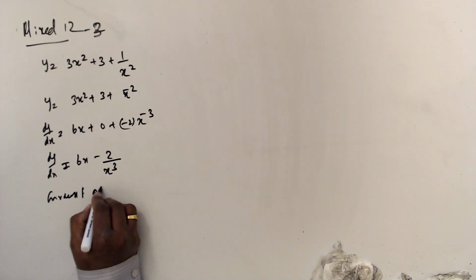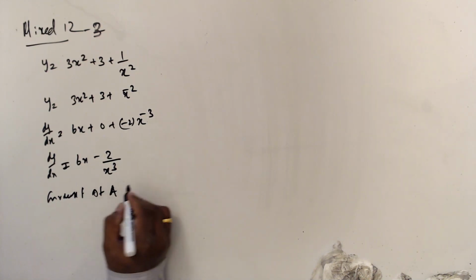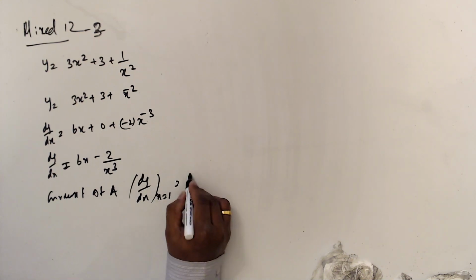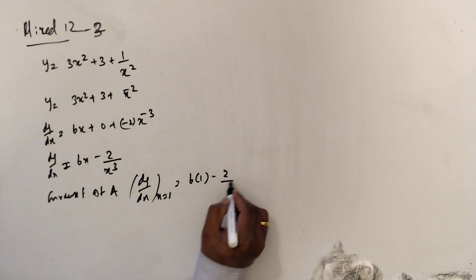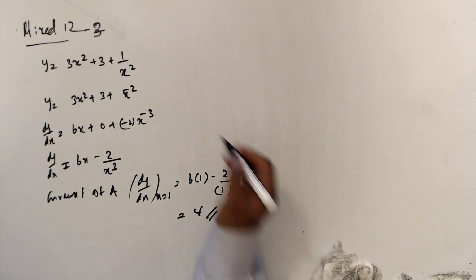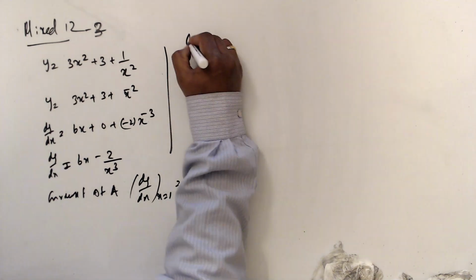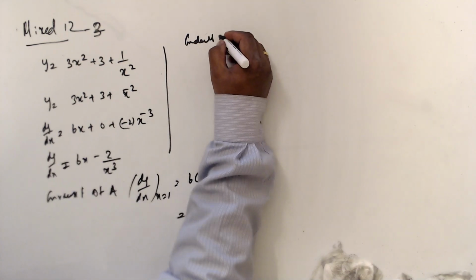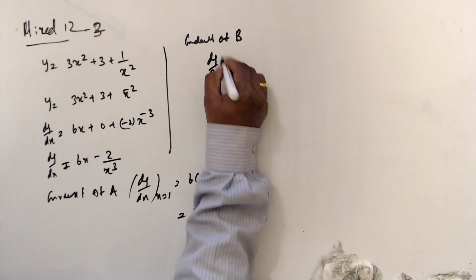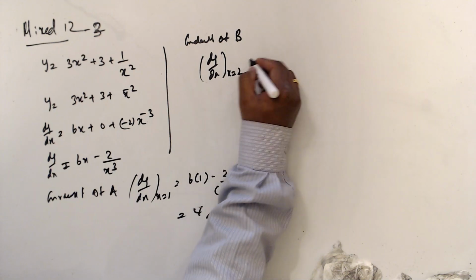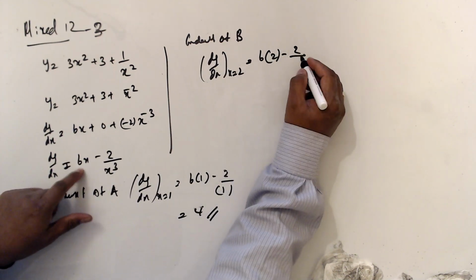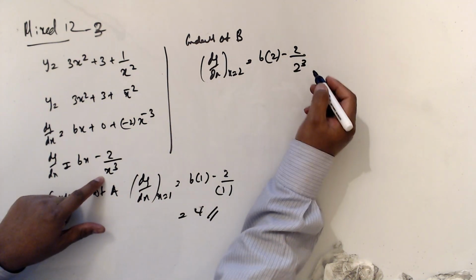Gradient at A: dy/dx when x equals 1 is 6 times 1 minus 2 over 1, which is going to be 4. Gradient at B: dy/dx when x equals 2 is 6 times 2 minus 2 over 2 cubed.